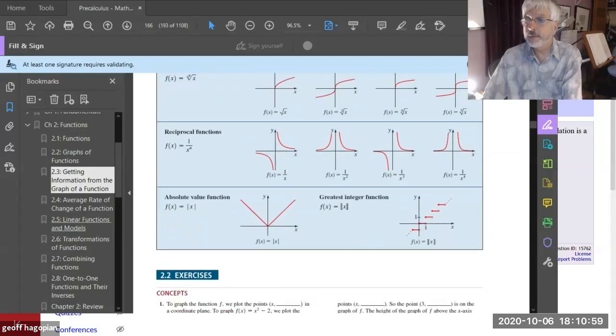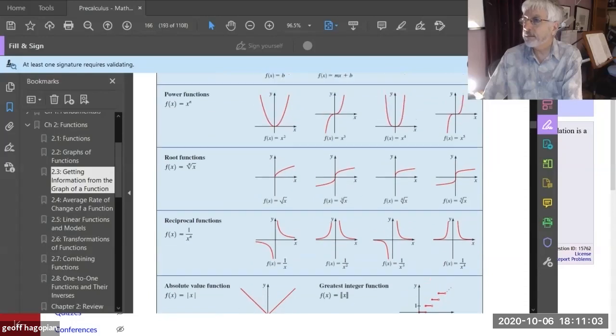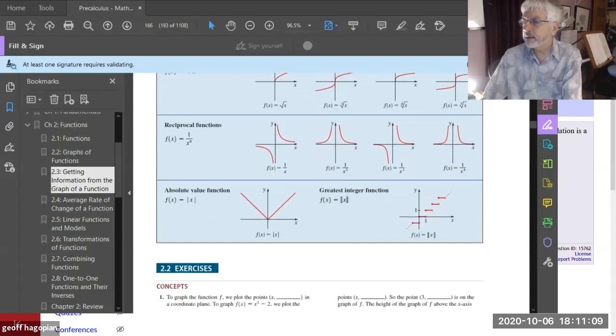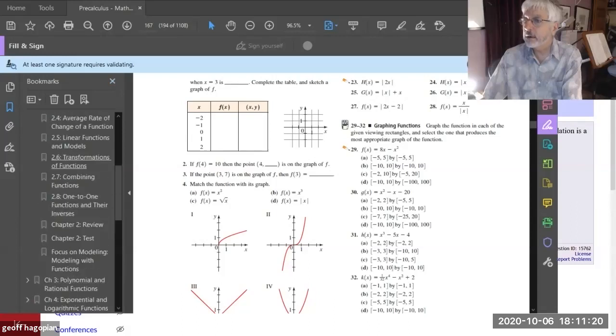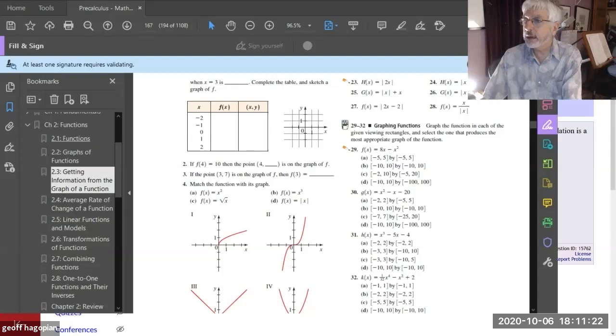Absolute value, step function. So the power functions include the quadratic, which is sort of a biggie, right? And we'll be talking about that. Let's get in here and look at some exercises. Can I close this? So on the side, you see we have the walkthrough of chapter 2.